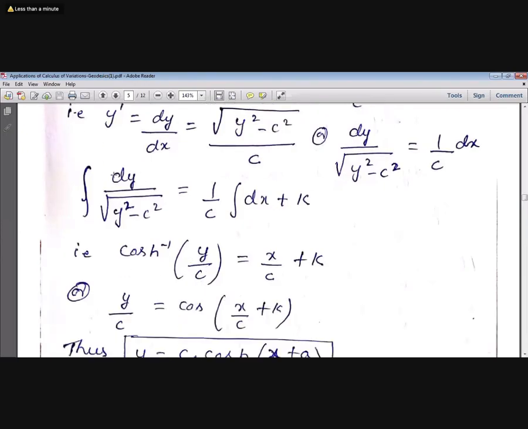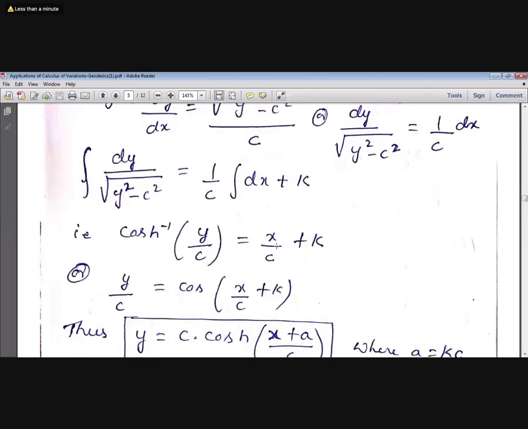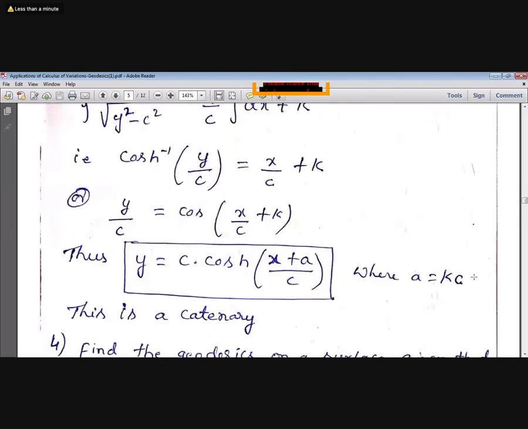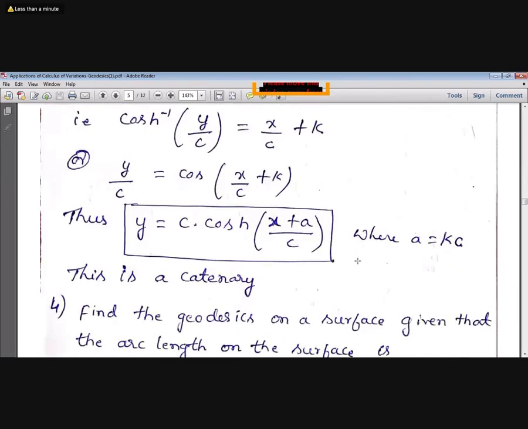The integration of this is cos inverse hyperbolic y by c is equal to x by c plus k. y equals c cos hyperbolic of (x plus a) by c, where in place of kc we'll write a. So this equation is called catenary.